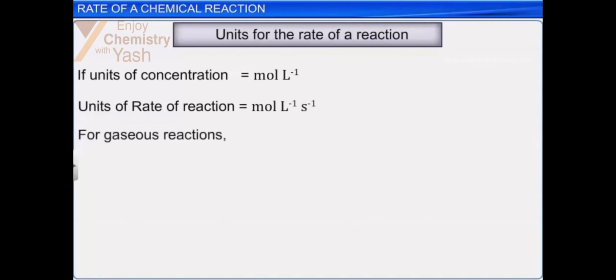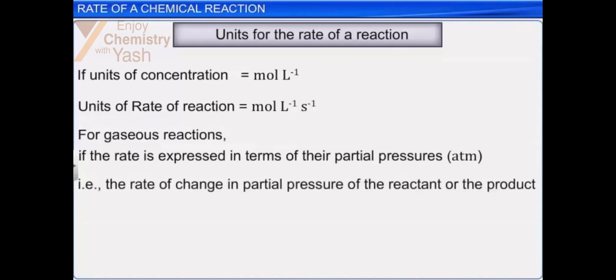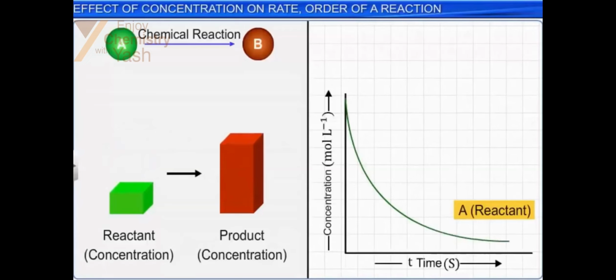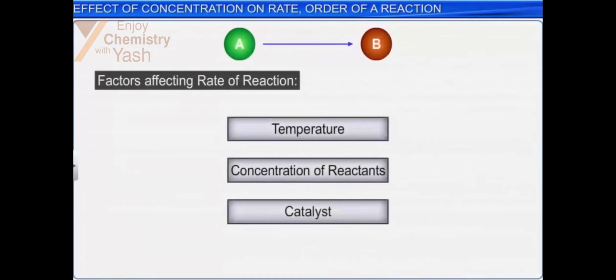For gaseous reactions, if the rate is expressed in terms of their partial pressures, that is, the rate of change in partial pressure of the reactant or the product, then the unit for the rate of reaction is atmosphere per second. You have already learned that the rate of a reaction decreases with a decrease in the concentration of the reactants. Thus, one of the factors that determine the rate of a reaction is the concentration of the reactants.